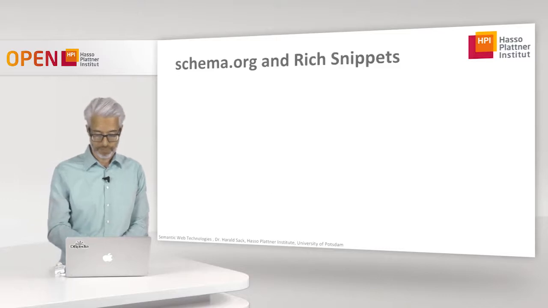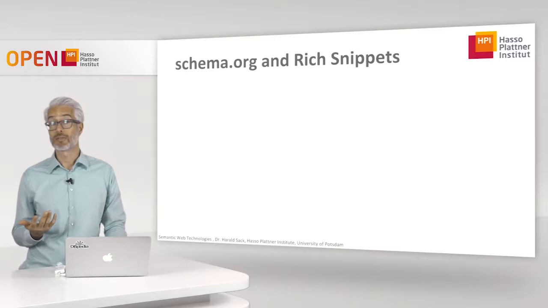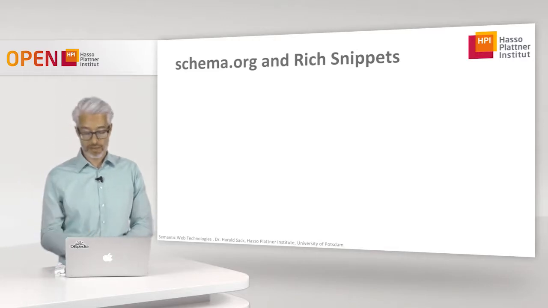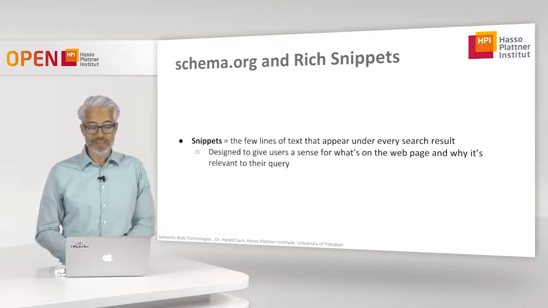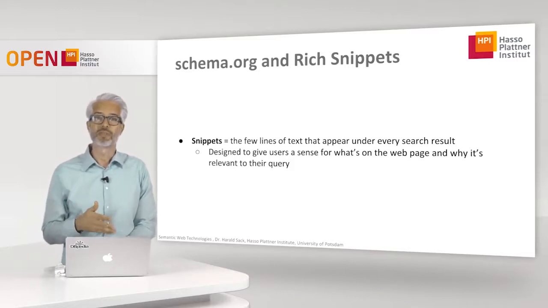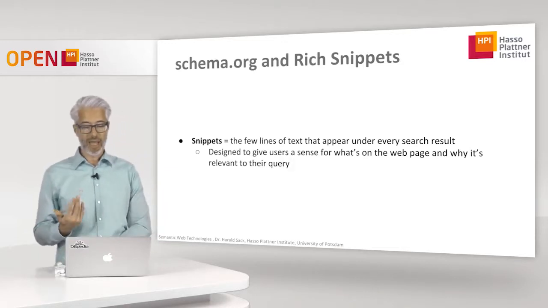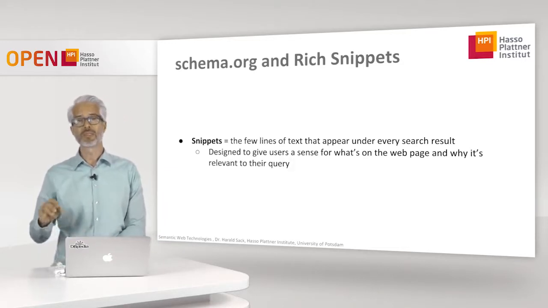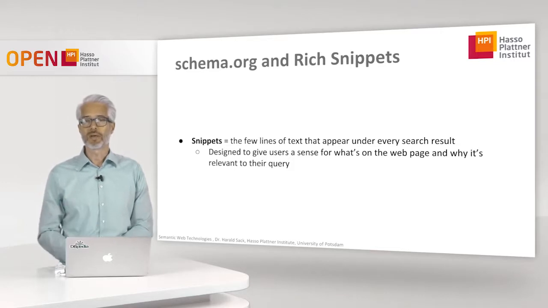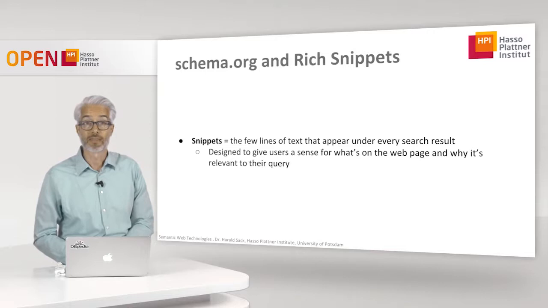So let's have an example. One of the examples, you know that from search engines, are the so-called rich snippets. So what is a snippet? A search engine snippet is a few lines of text that usually appear under every search result that you get from a search engine. And it should give the user some sense of what is going on within the web page that is behind the link to that result.